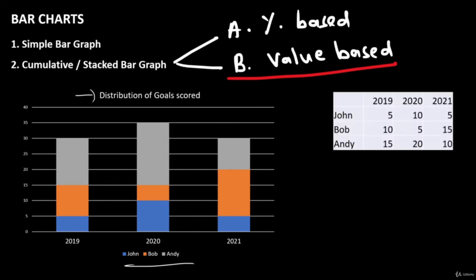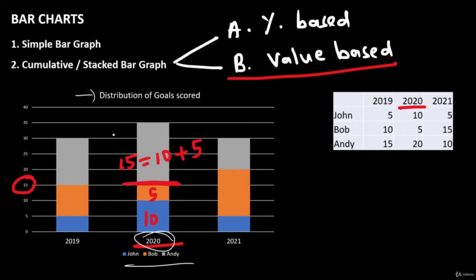So again, it's distribution of goals. Now in the year 2020, let's take that as an example. You can see that John scored 10 goals, and then Bob scored 5 goals. So you have 10 over here and you mark 5 on top of the 10, right? So that's why over here you have 15, which is 10 plus 5.